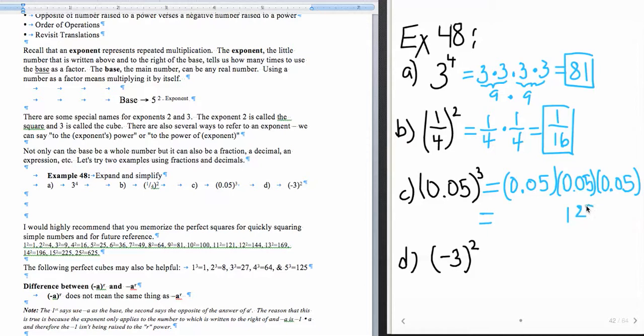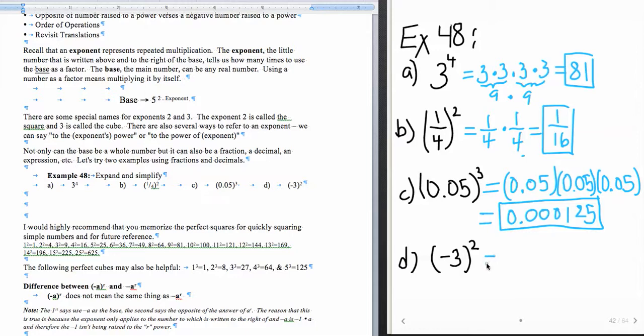And then we want to count up the number of decimal places. 1, 2, 3, 4, 5, and 6. So our decimal is going to go right there. And once we get the decimal in, I'm going to put an extra 0 out there so that the decimal doesn't ever get lost. And there will be our final answer.